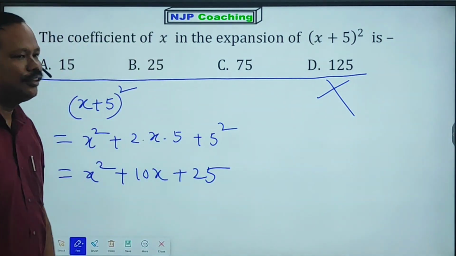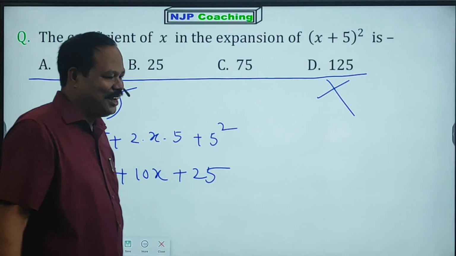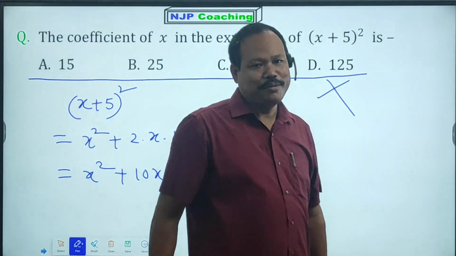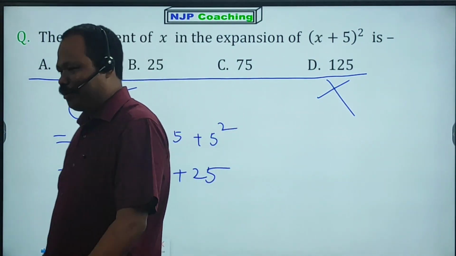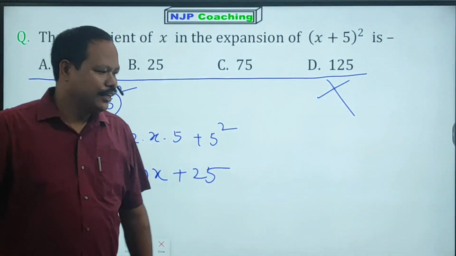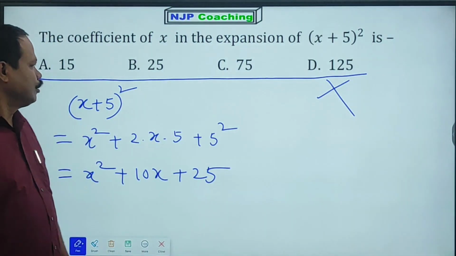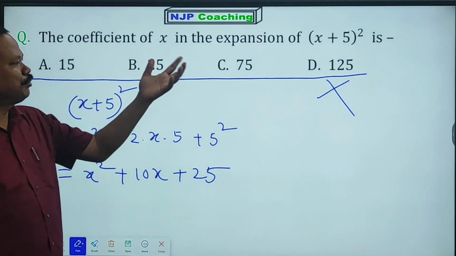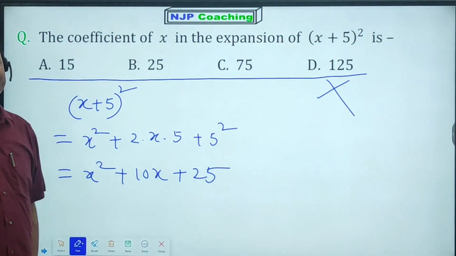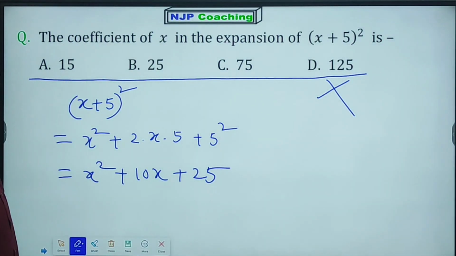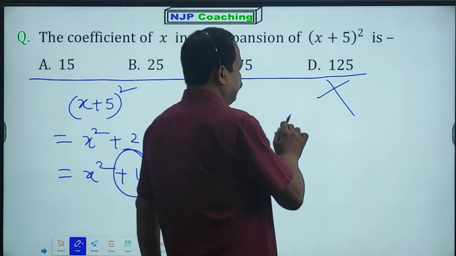Sometimes at the time of typing, I also do not notice whether the answer will come directly from the options, and I give some options by mistake. So I have put 15, 25, 75 and 125. So can you say what should be the answer? What is the coefficient of x? It is plus 10.